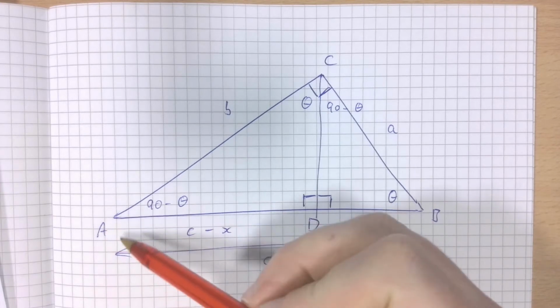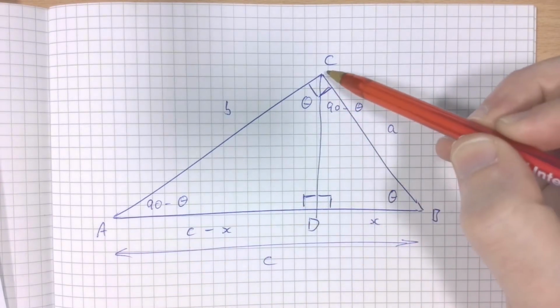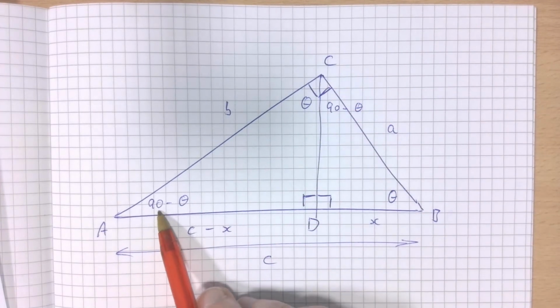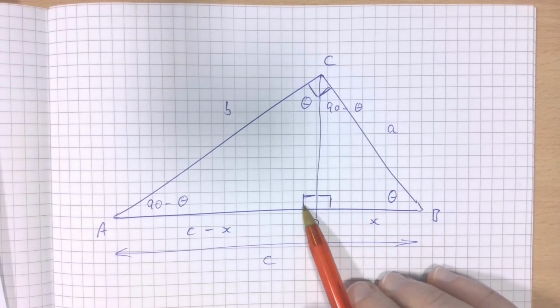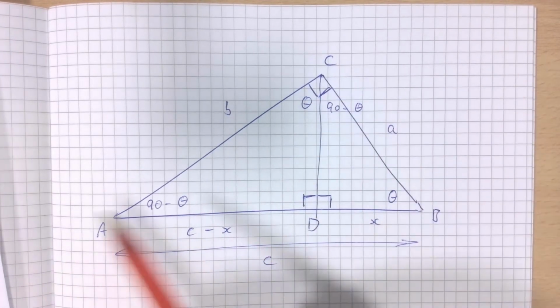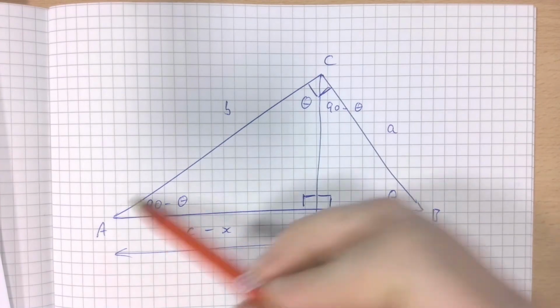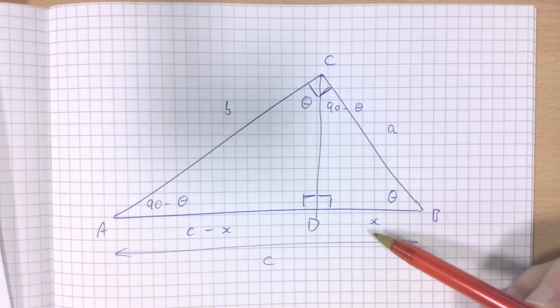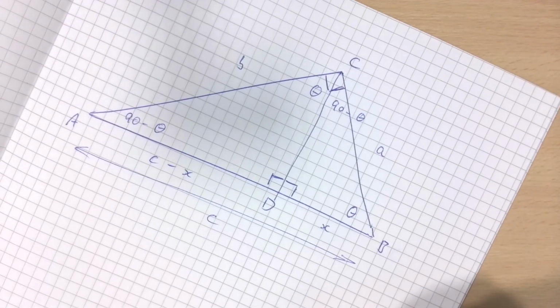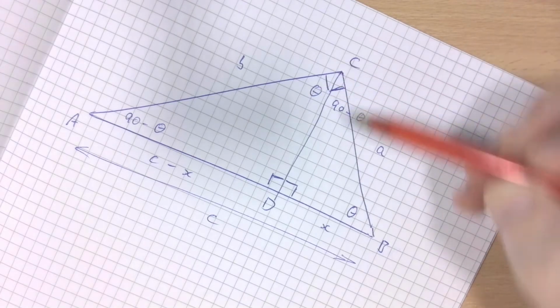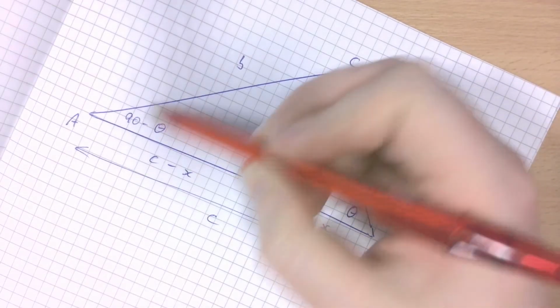Triangle ADC has angles 90 minus theta, 90, and theta. Angle ACB, i.e. the whole thing, has angles 90, theta, and 90 minus theta.